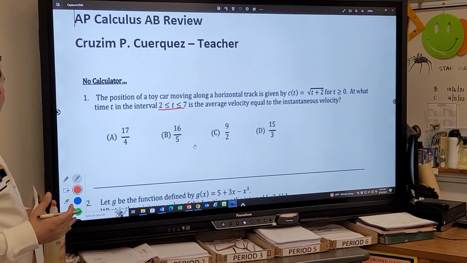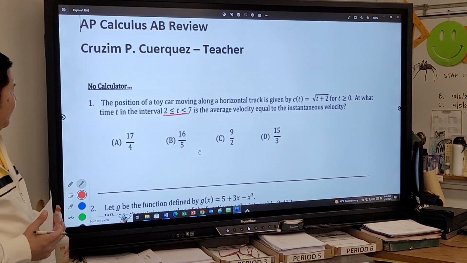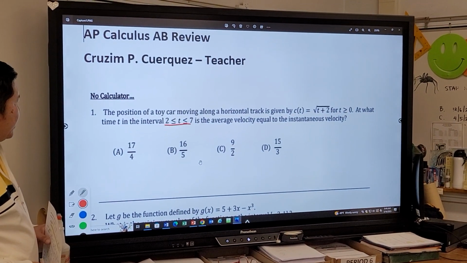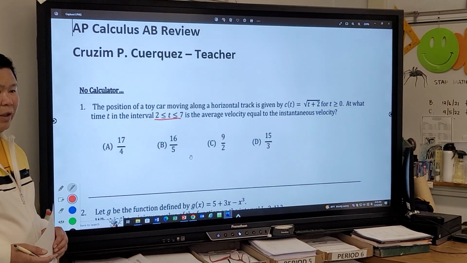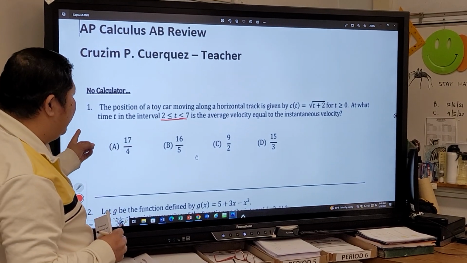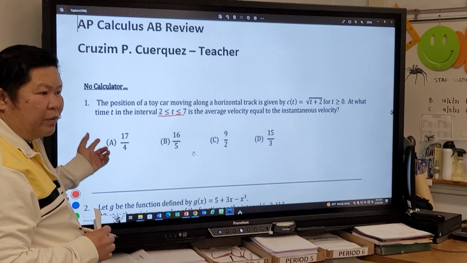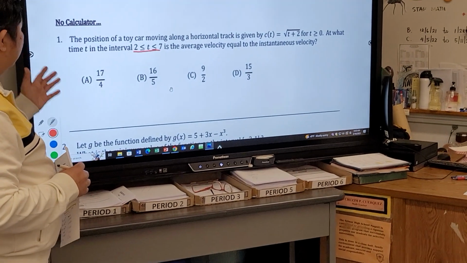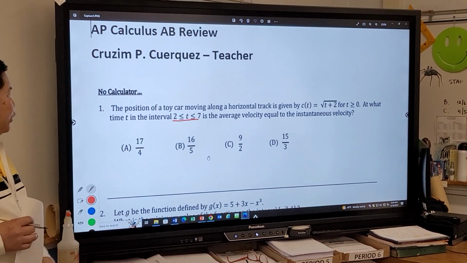That's the interval, and that's the time, okay? Whether the time is in seconds or in minutes, we don't know. It's not indicated. So as long as you have that interval from 2 to 7.